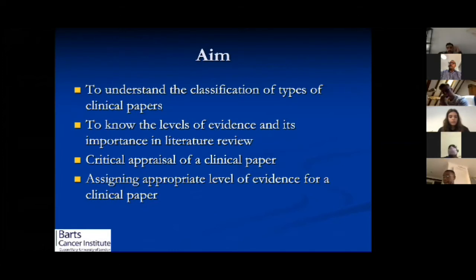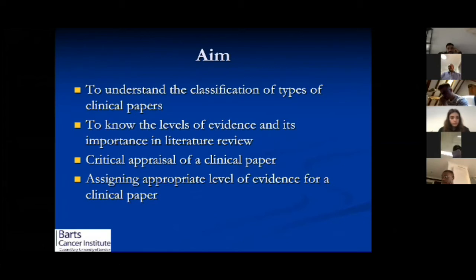So today I'm trying to make all of you understand that there is an international classification of types of clinical papers. I would also like you to understand that there is a level of evidence. For example, a certain level is called high quality evidence, a certain level is called low quality evidence.